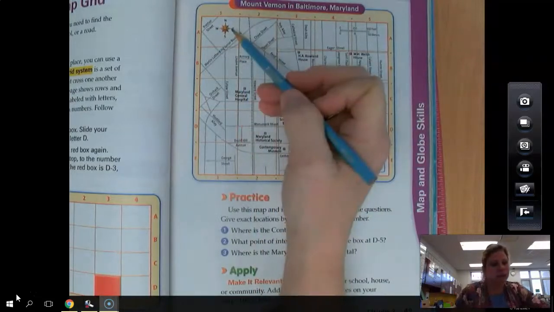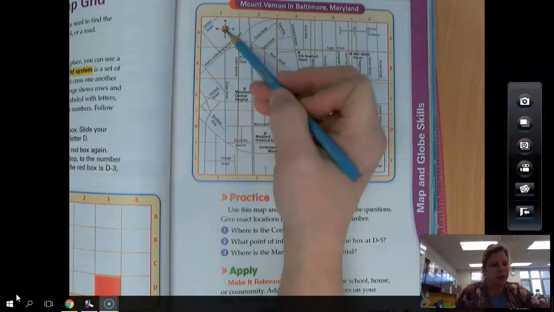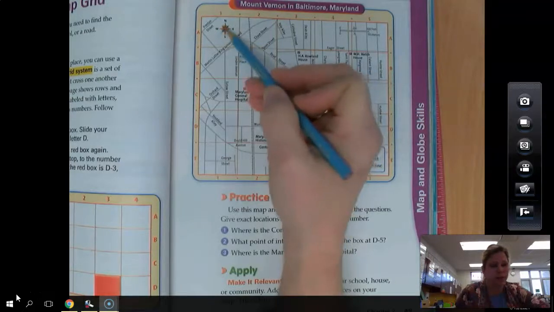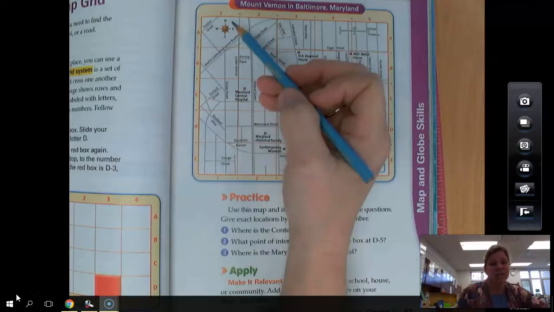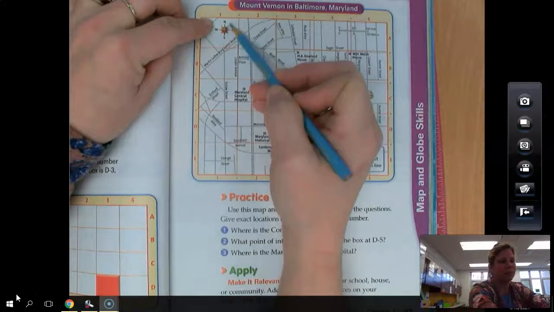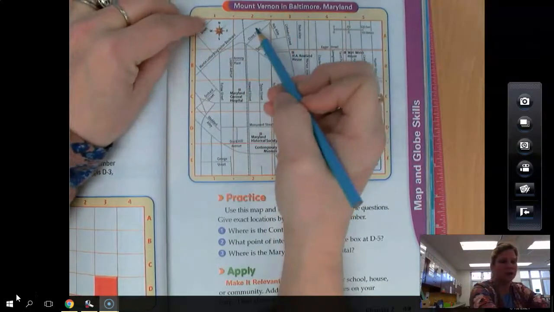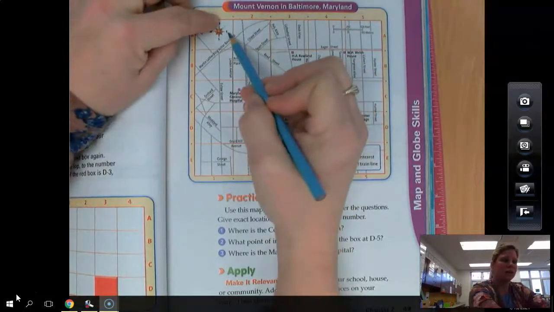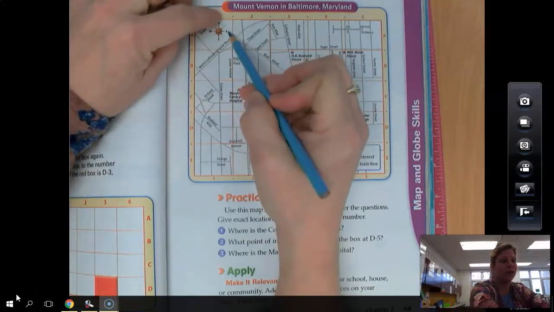If you look closely at the compass rose, you also see little points in between these capital letters. Does anybody know what we call those? Yeah, they're intermediate directions. So if I see right here, I'm going to put it blue a little bit. Don't you do this on your book. I can do it on mine, but don't do it on yours. In between north and east, I have a direction called northeast, okay?